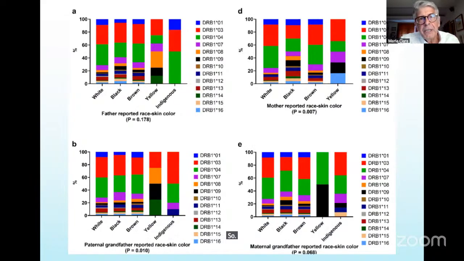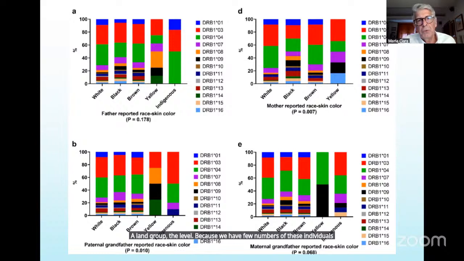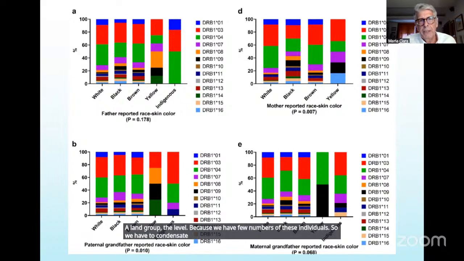So we investigated at the allele group level because we have few individuals, so we have to condense and explore at the group level of HLA.